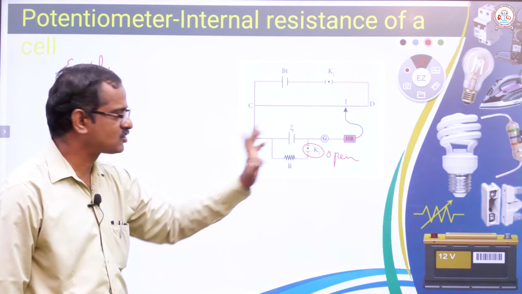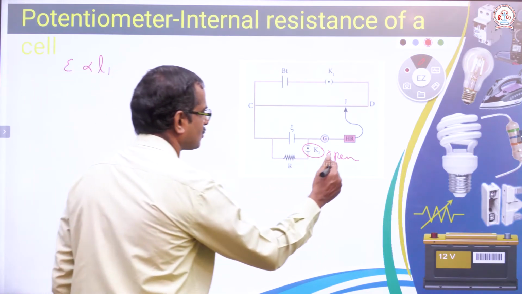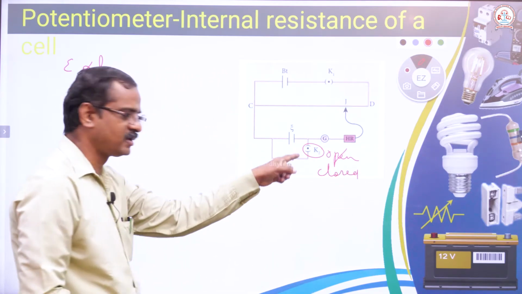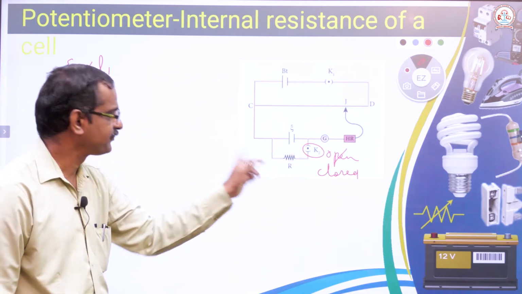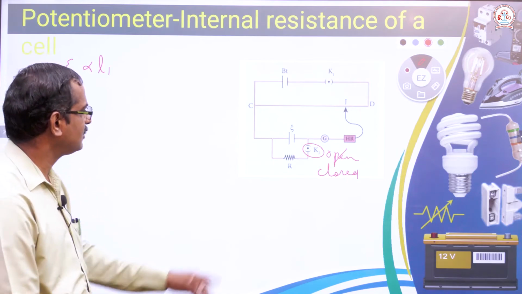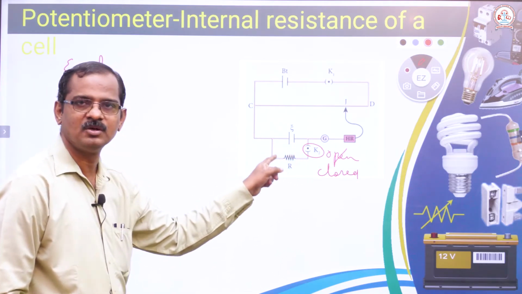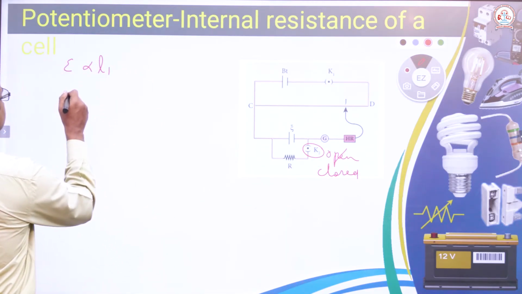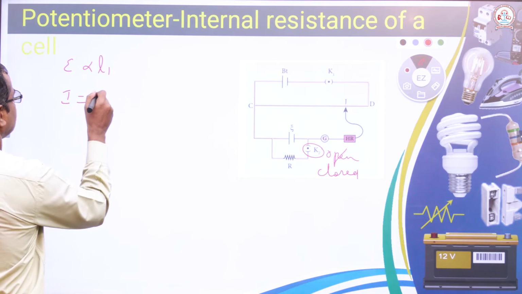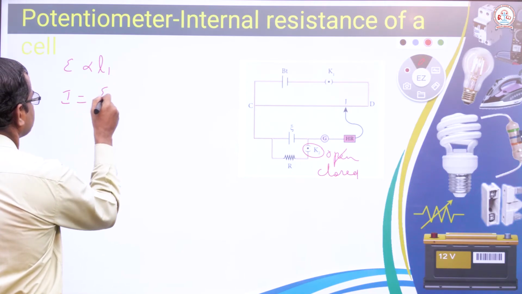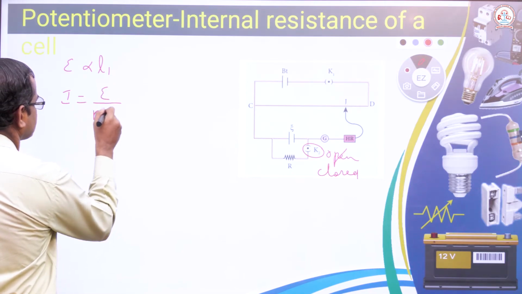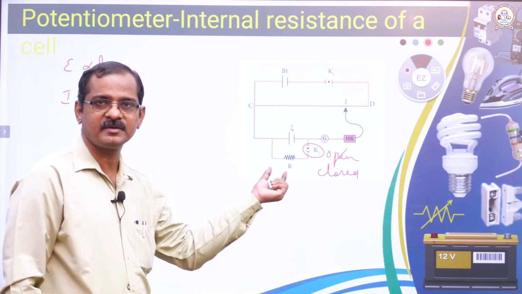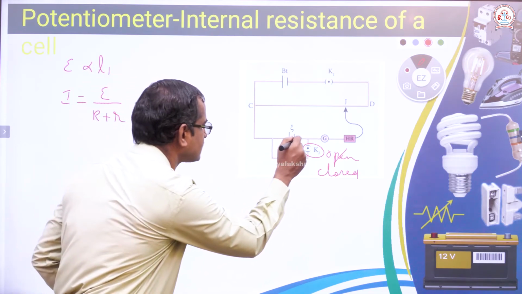The key is closed. Now current will flow through the resistor also. Current I will be equal to epsilon divided by R plus r, where R is the resistance of the wire here, and small r is the internal resistance of the cell.